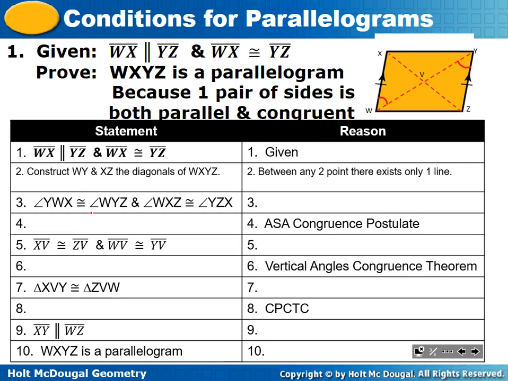So those look like alternate interior angles to me, but let's do the other pair as well, just to double check. So then we have WXZ. WXZ is this angle right here. And we also have YZX. YZX is this angle right here.